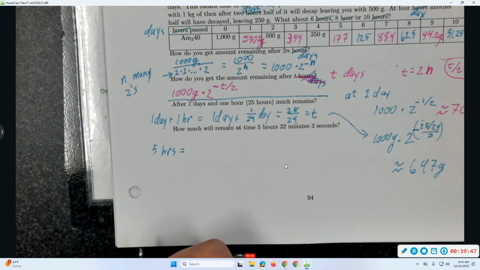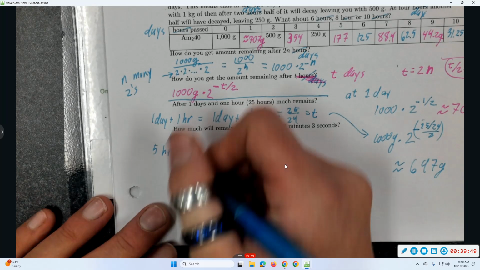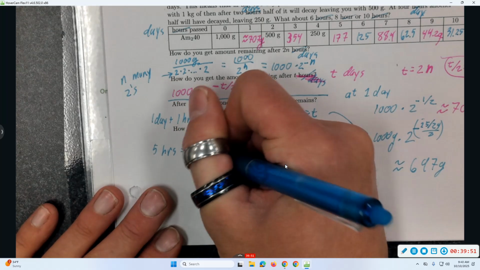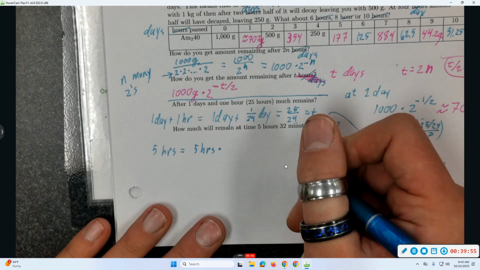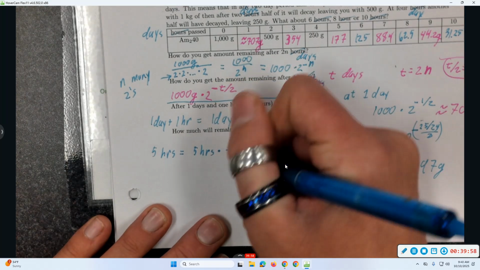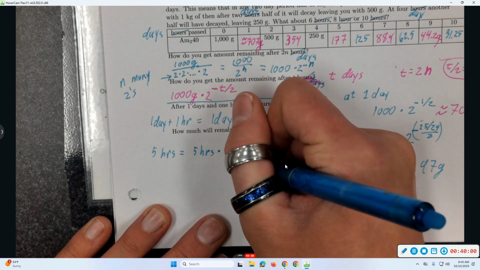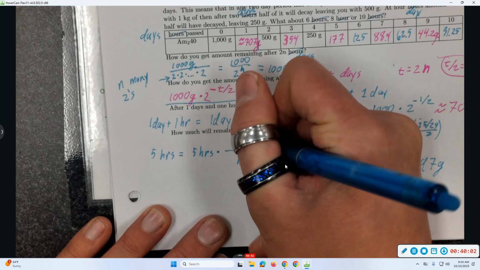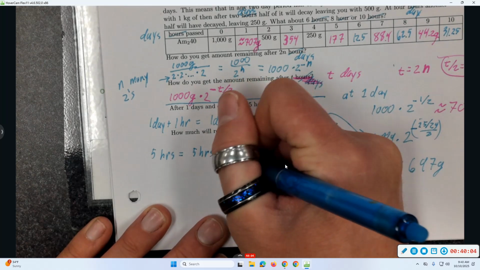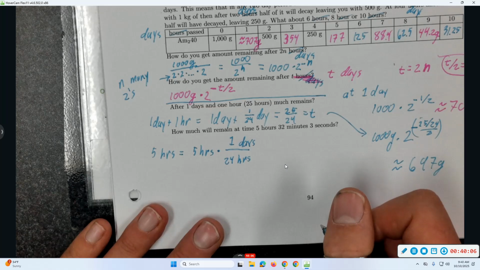Each hour is 1/24th of a day. A convenient way to sort this information is to think about 5 hours and multiply it by 1, in a way that gets rid of hours and introduces days. 24 hours is 1 day, so I've just multiplied by 1.